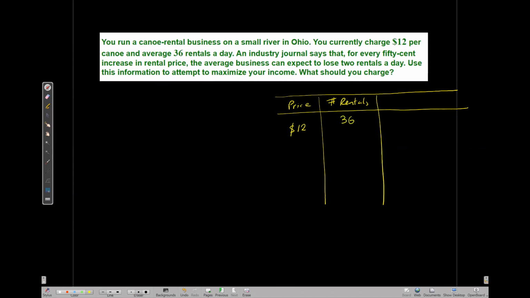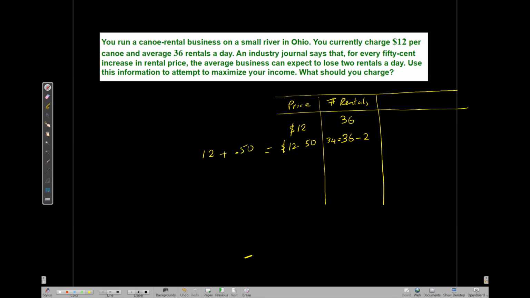So after this study, if you increase the price to $12.50, 2 renters drop down, so 34, right? So 36 minus 2. That's the perfect way of writing. So 34 is actually 36 minus 2, and 12.50 is 12 plus 50 cents.